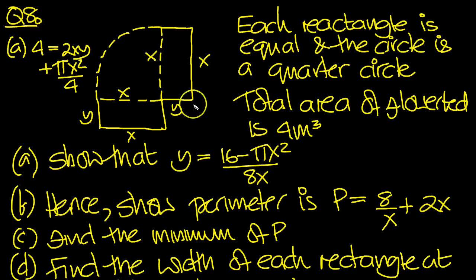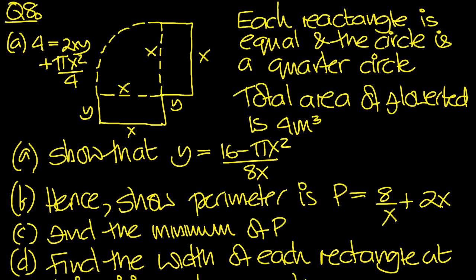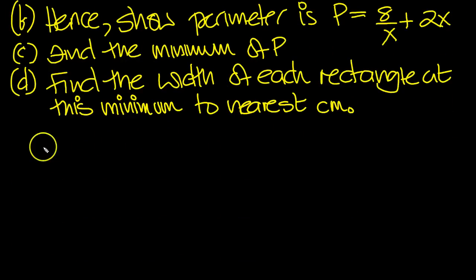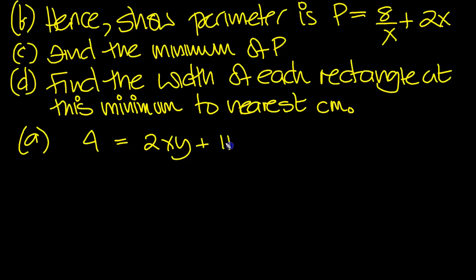So let's write this down below. 4 equals 2xy plus pi x squared over 4, because it was a quarter circle. Rearrange for y then.